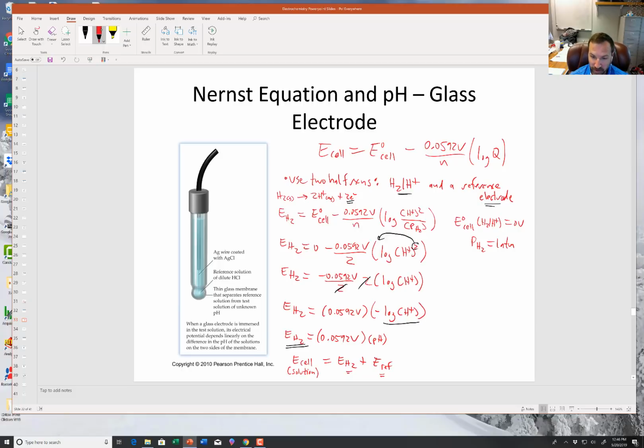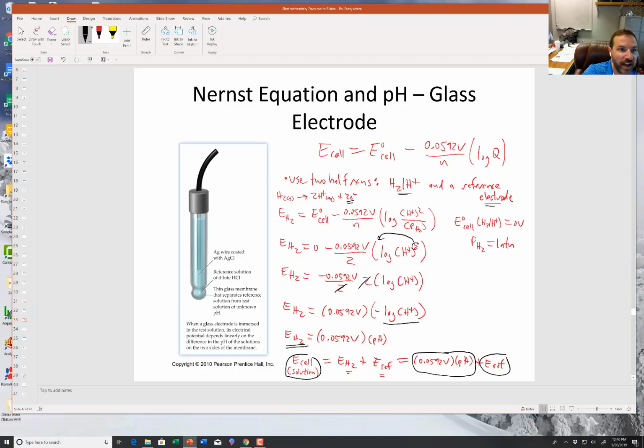And then, of course, we can plug in our E hydrogen expression that we just created to give us that. So we have E cell, we have our pH, we have this reference electrode.